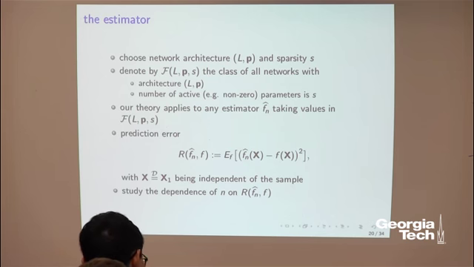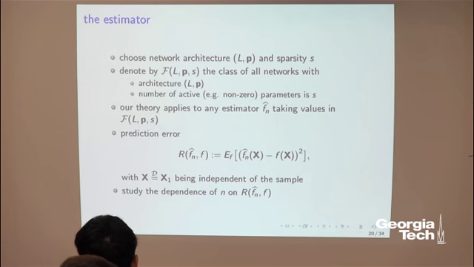We don't say where they are; we just give a bound for that. Then we define the function class of all network functions with this architecture and with sparsity bounded by little s.